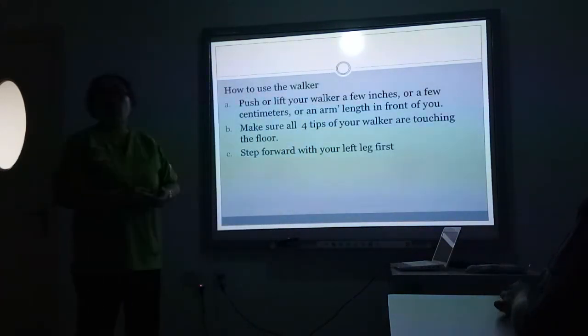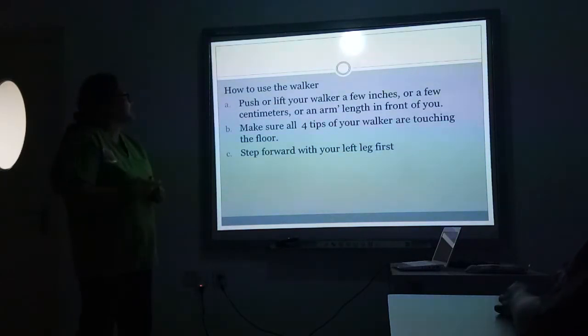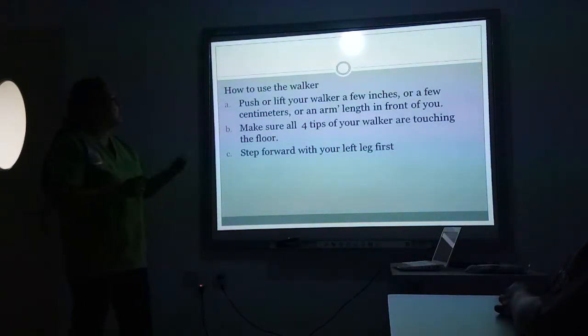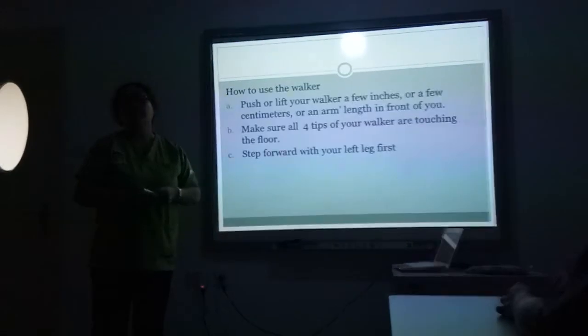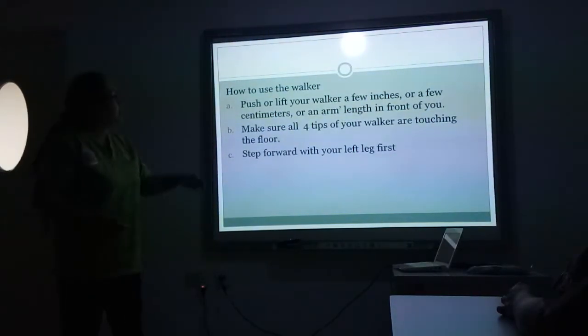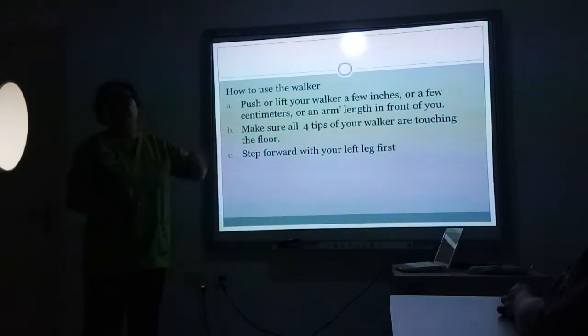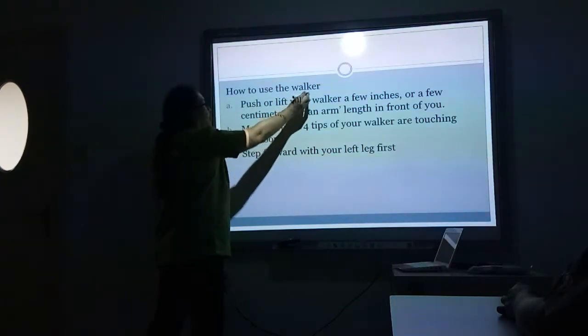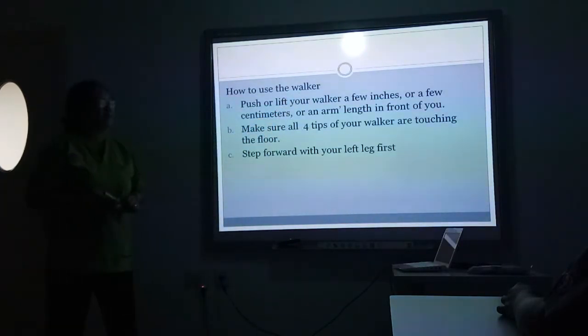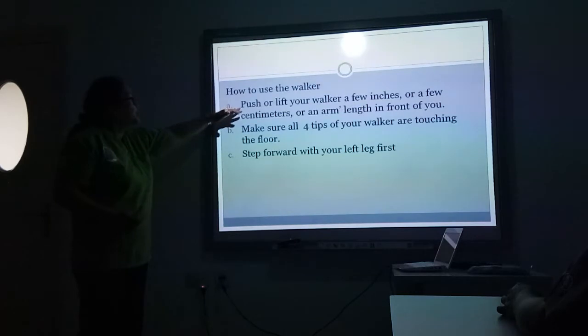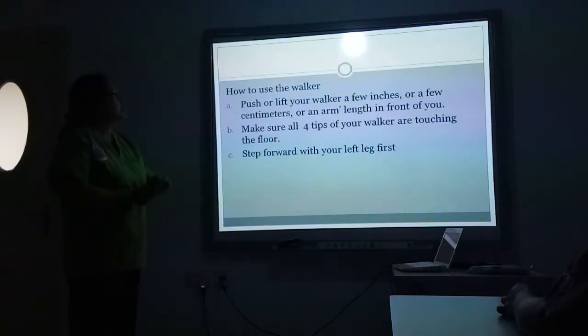How to use the walker. Okay, walker first. Push or lift your walker a few inches. The walker or the walking frame, ito na yun. So, push or lift your walker a few inches.